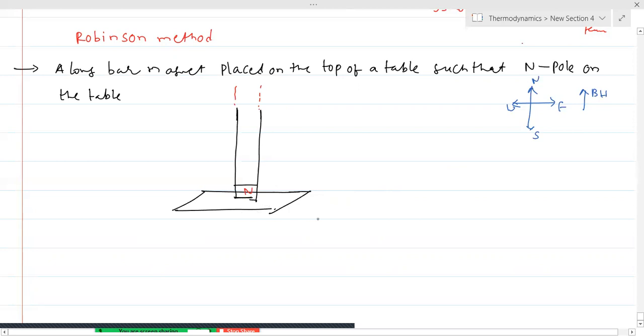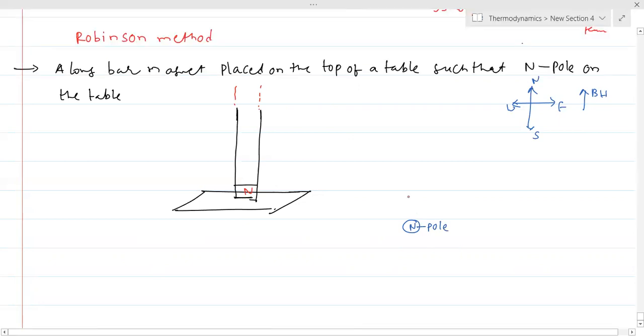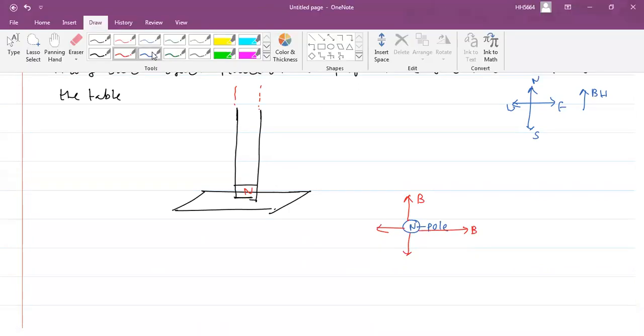Okay. Now we will understand that. We are keeping the north pole of the bar magnet on the table. When we think of only one magnetic pole, we write the direction of the field B like this. B is possible in every direction. Now we will check the option where we have the null point.